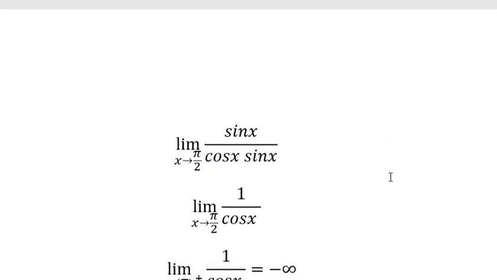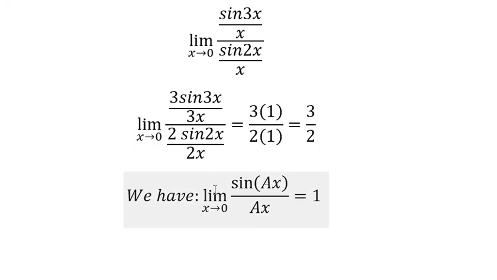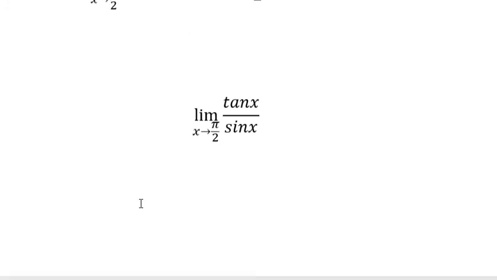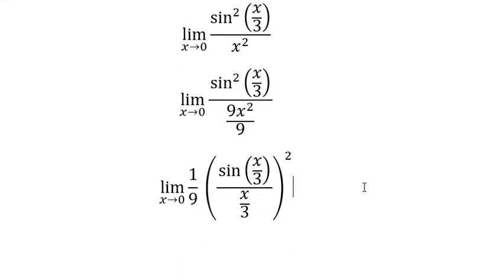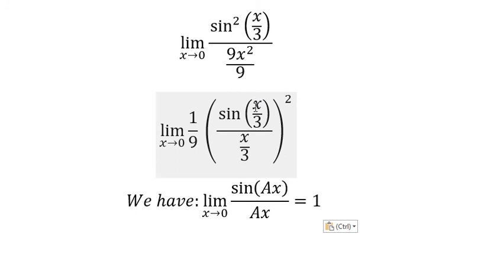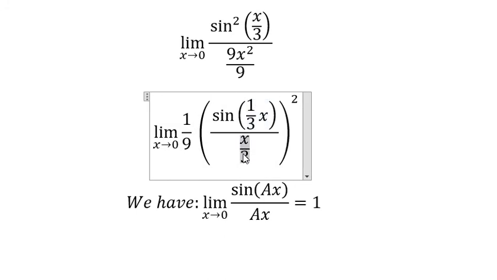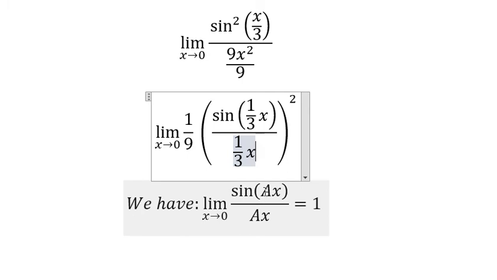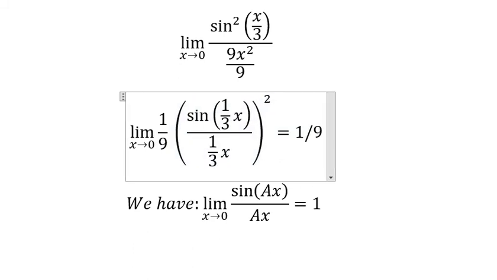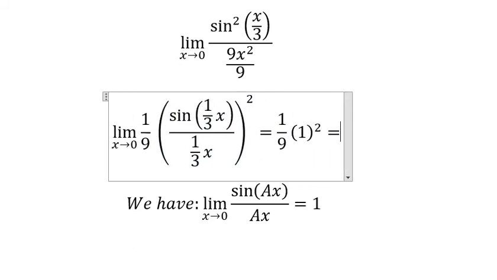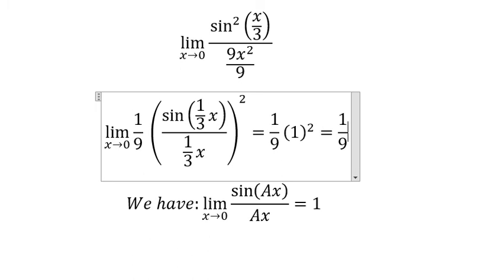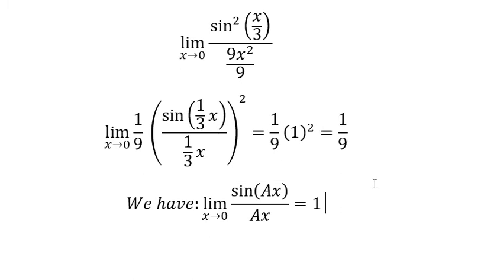Now we have the formula here. So x over 3, that is 1 over 3x. So this one, capital A represents 1 over 3. So this one you get number 1. And this is the final answer.